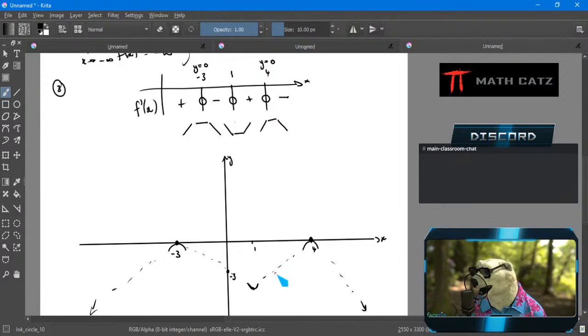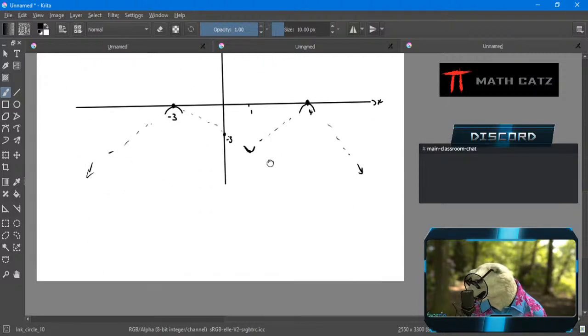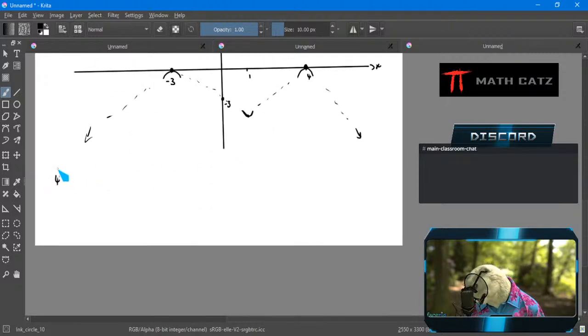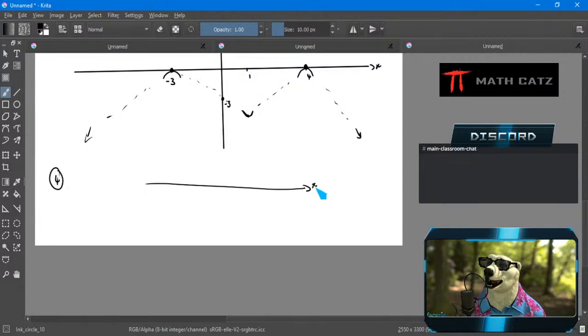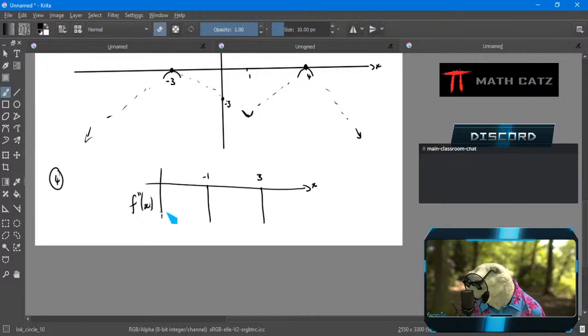Now I just need step 4 to tell me how this guy bends. And luckily I have some space. Squeeze it in. So I'm looking at the question, that's where I'm getting all this, of course. Second derivative: I need to split it up at -1 and 3. Why are these lines so long? I don't need them to be that long.